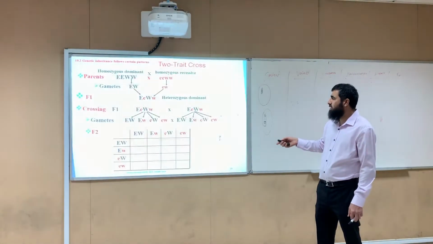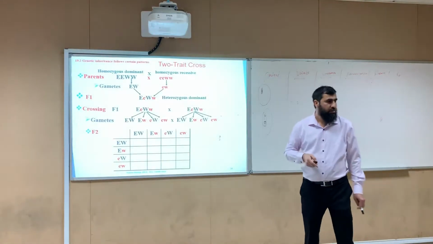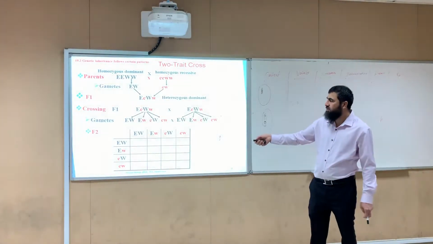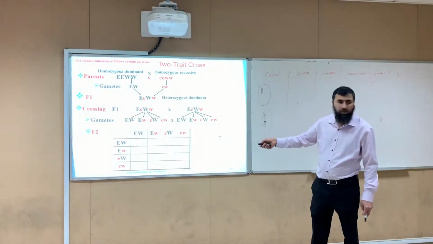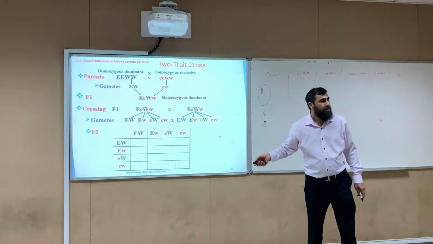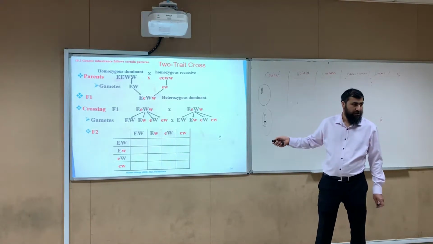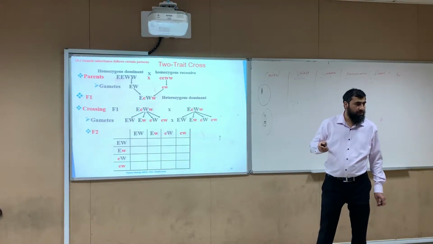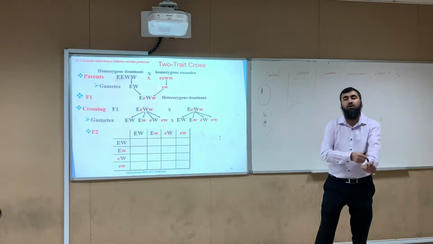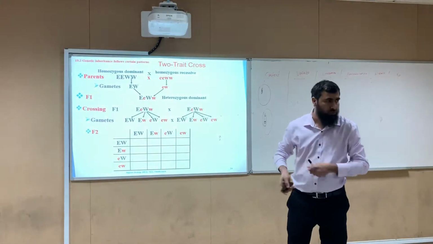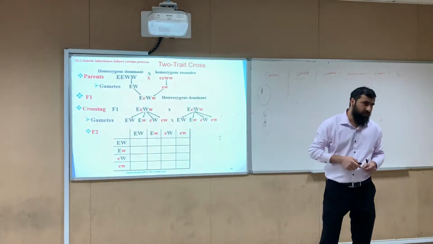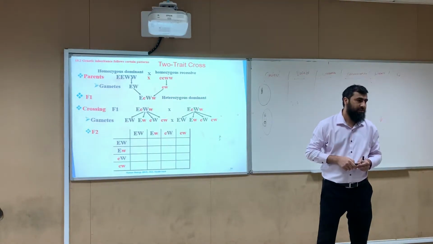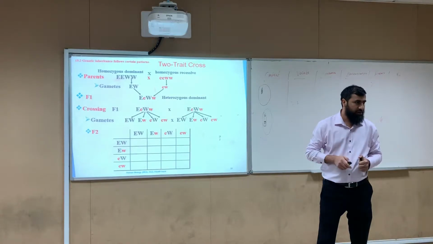So you remember in the dihybrid cross, we write the gametes with the different traits, different alleles, okay? Now during meiosis, they separate, okay? Each allele separates if they're located on different chromosomes. So if they're located on the same chromosome, they're not going to separate. They'll stay together. They're linked.